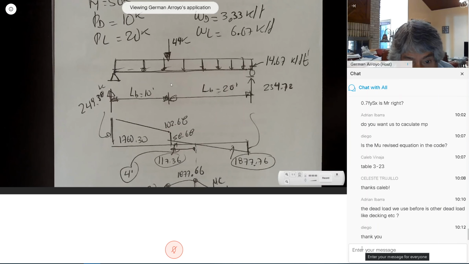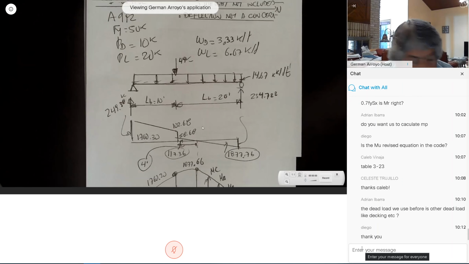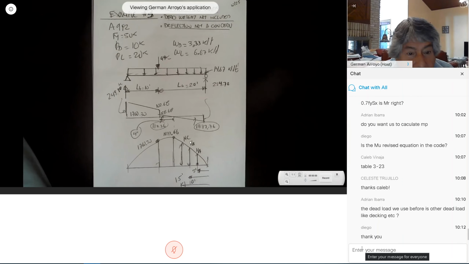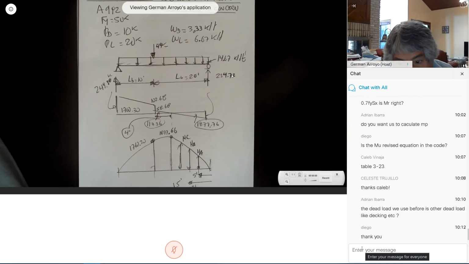So the brace is under this load, so 10 or 20. So we come to here, and we compute our reaction like we normally do, and we do our shear diagram the same way that we normally do. And so we want to find where the shear is zero, equivalent moment is going to be a maximum.